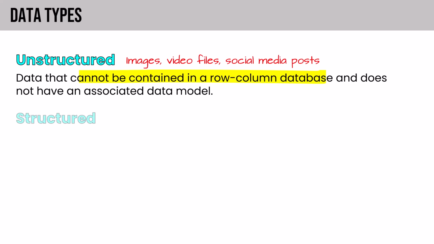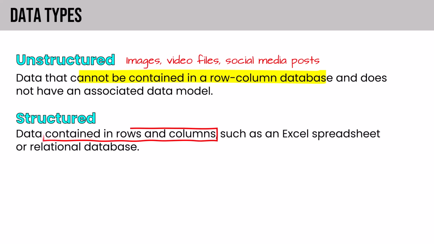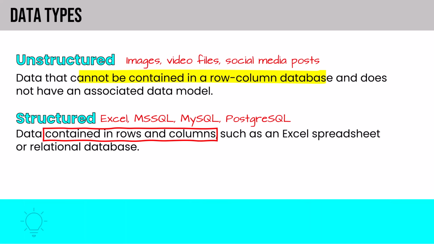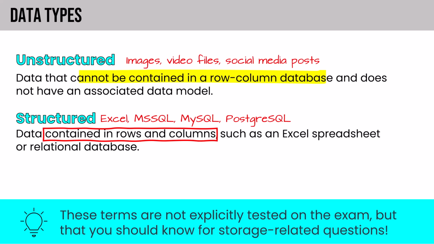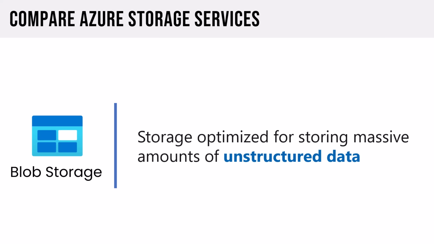Unstructured. And then we have structured data, which is data contained in rows and columns in a structured database like an Excel spreadsheet, Microsoft SQL, MySQL, PostgreSQL. Bearing in mind, you're not going to get questions directly about unstructured versus structured data, but you do need to understand the difference between the two for questions on concepts like blob storage.